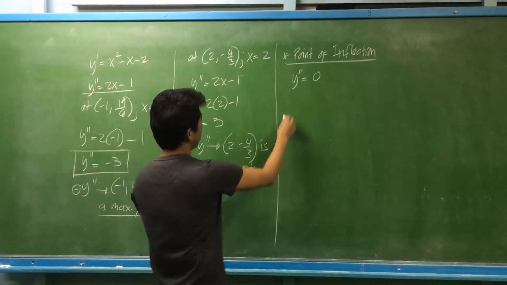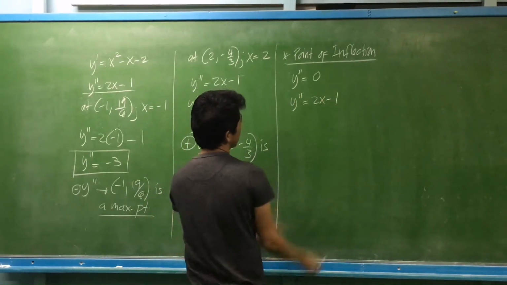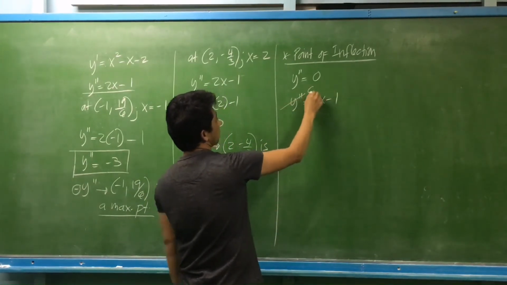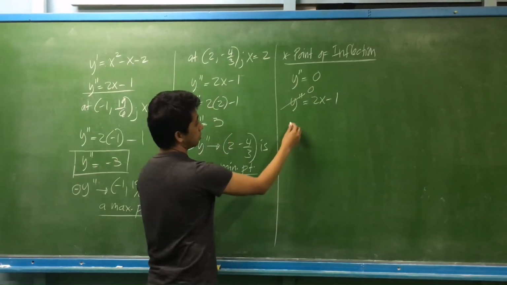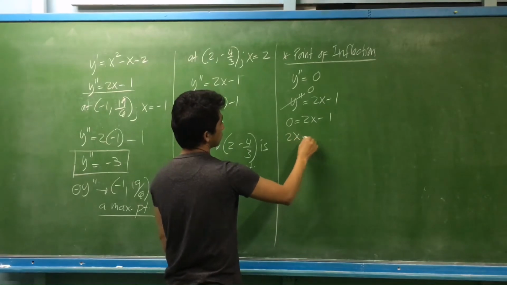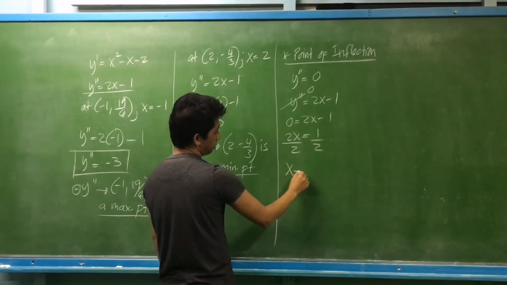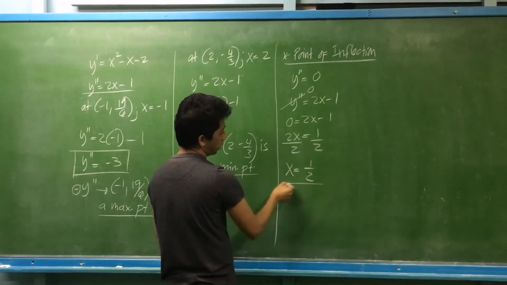So you have the equation of y double prime is equal to 2x minus 1. All you have to do is set this one to 0. So this is 0 equal to 2x minus 1. 2x equal to 1, dividing both sides of the equation by 2, we have x is 1 half.